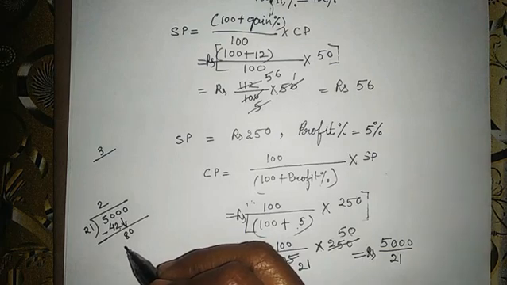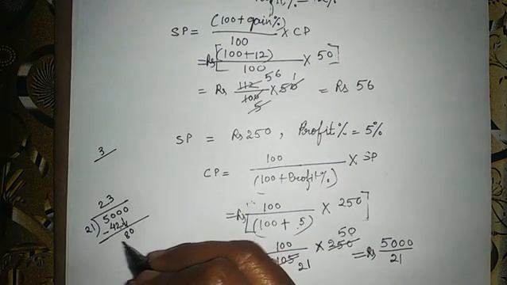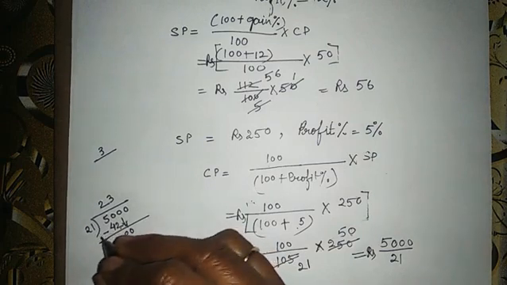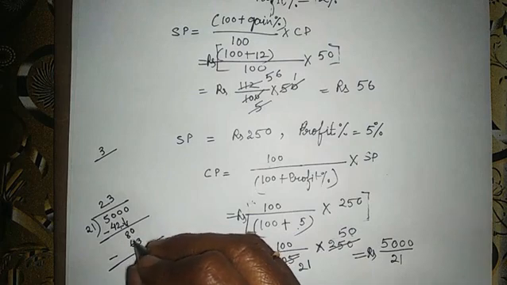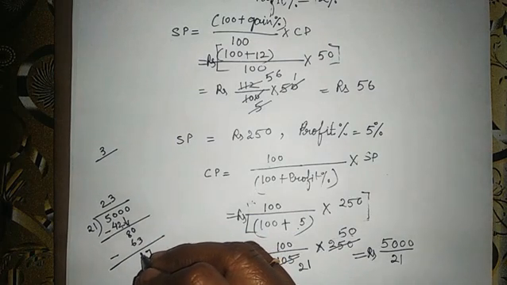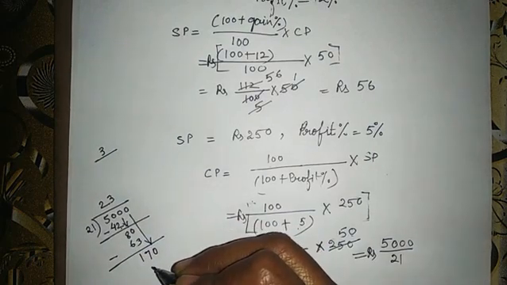Then student, you will see it will go 3 times. Okay, then 21 threes are 63. And here 10 minus 3, 7, and 7 minus 6, 1.